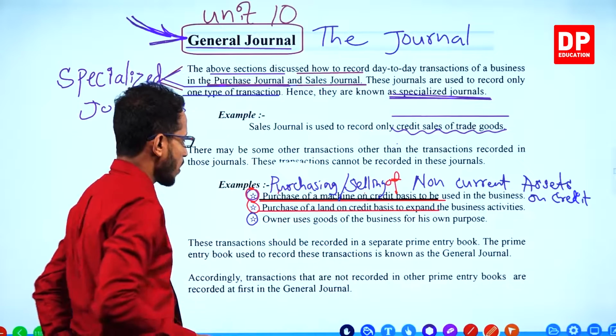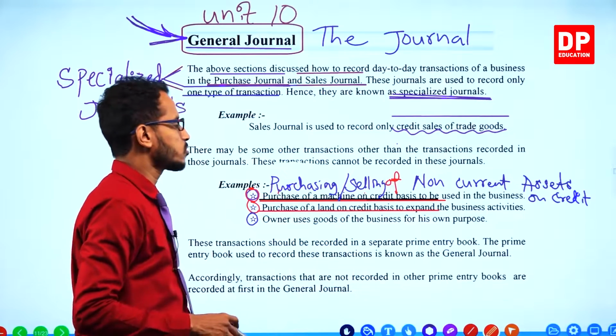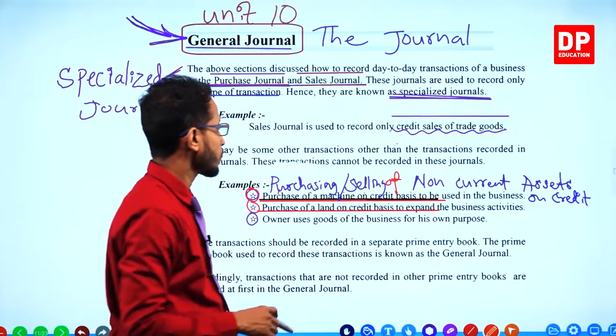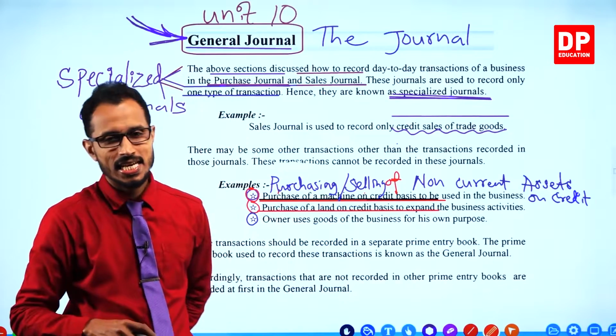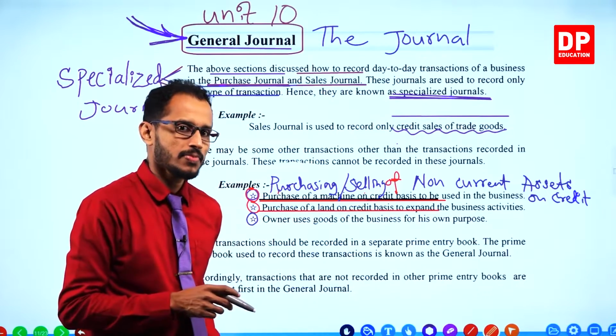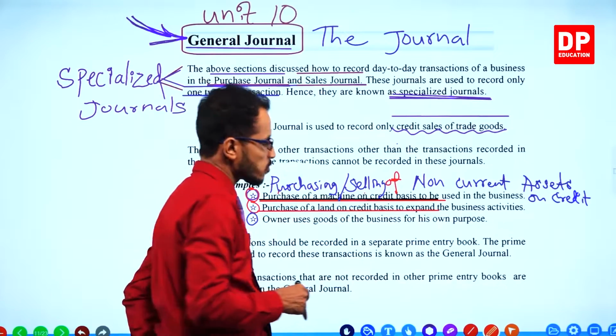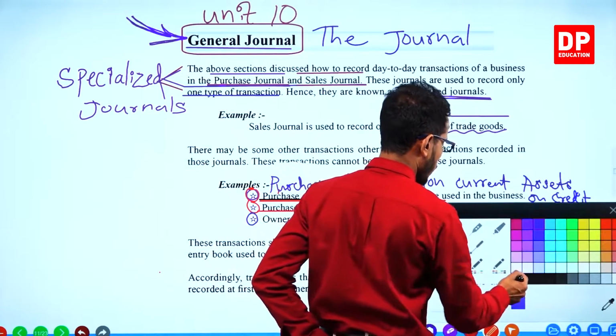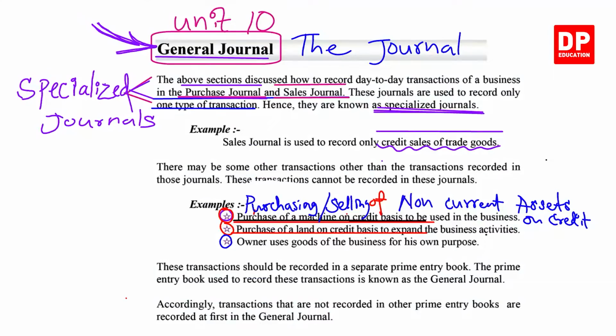Third is this. Owner uses goods of the business for his own purpose. Now that is a different transaction, right? These are called goods drawings. Children, these are called goods drawings.